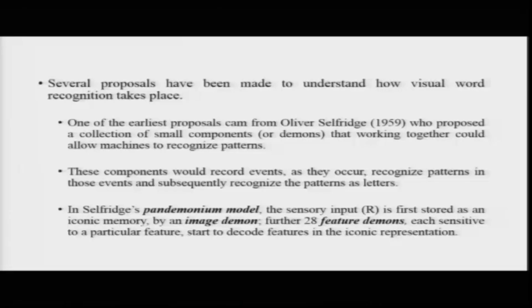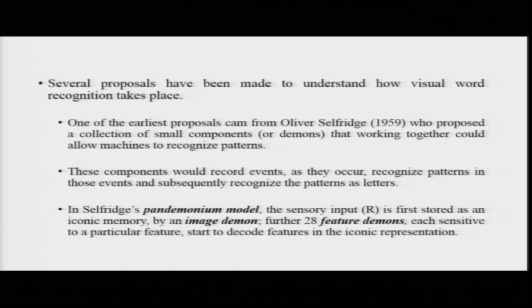The further analysis is done by the feature daemons, and they came up with a list of, let us say, 28 features that are possible. So, he proposed 28 feature daemons, and each feature daemon is sensitive to one kind of feature. One feature daemon could be of a horizontal line, one of a vertical line, one of a curve, and so on.